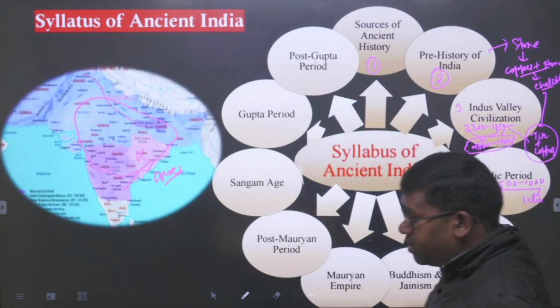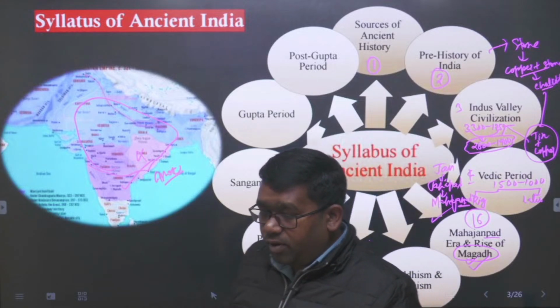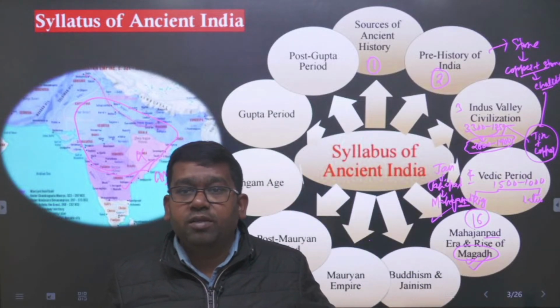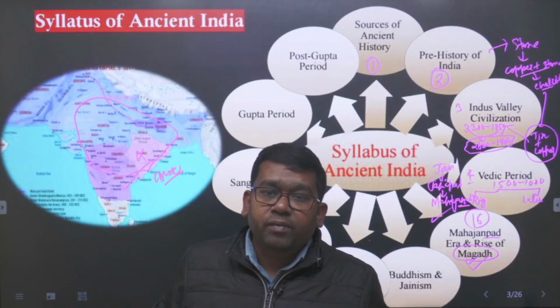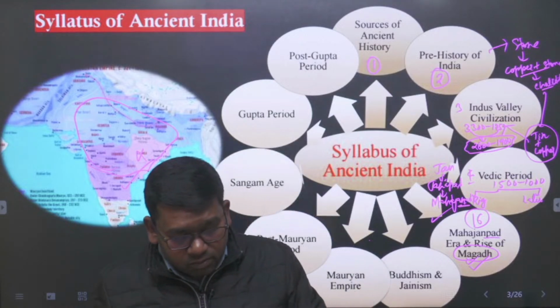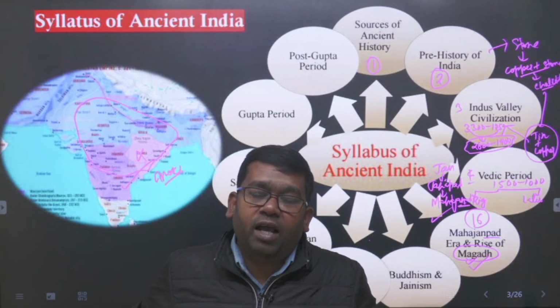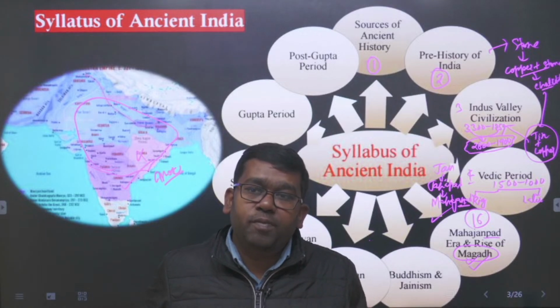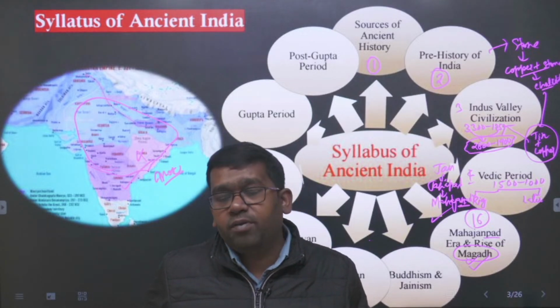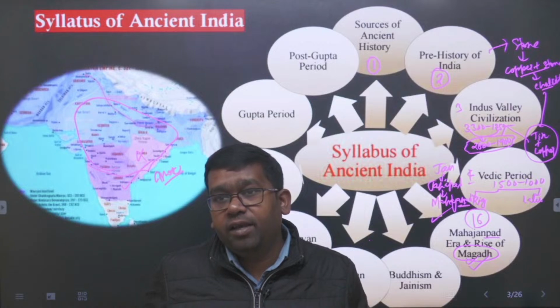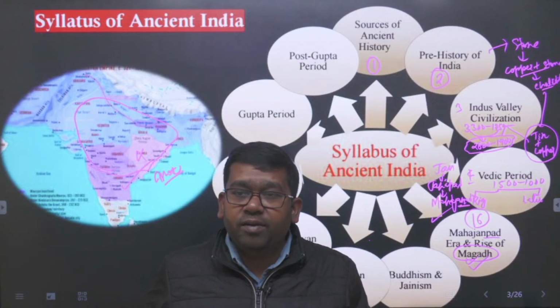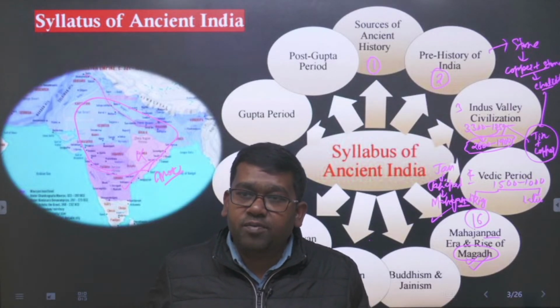One of the major reasons behind the power of Magad was the fertile land of Bihar. Magad is situated in the Bihar region, and Bihar has very fertile land, so they had good resources. Apart from the fertile land, there were elephants. The elephant is very important in battles, and elephants were there in large numbers in the Bihar and Jharkhand region.